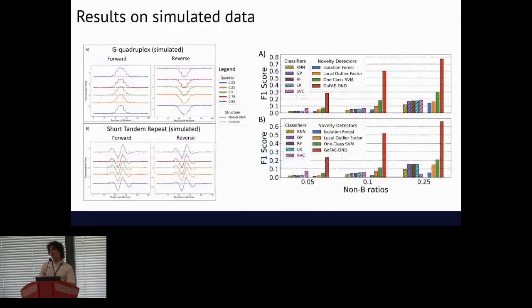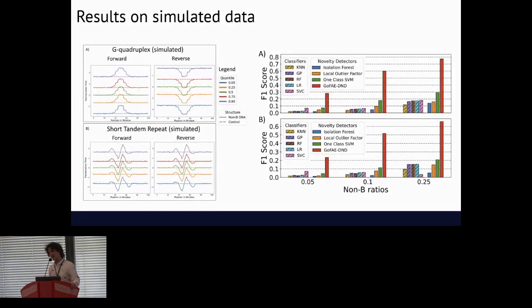So then we looked at simulated data. We chose the two strongest signals, and then we built functional forms, introduced some noise. And so here are the quantiles of the simulations. And now that we have the ground truth, we can actually evaluate F1 score accuracy. So on the y-axis here is just F1 score. On the x-axis are non-B ratios. So this is the proportion of the non-B labeled samples that are actually non-B structured, so simulated from one of these models.